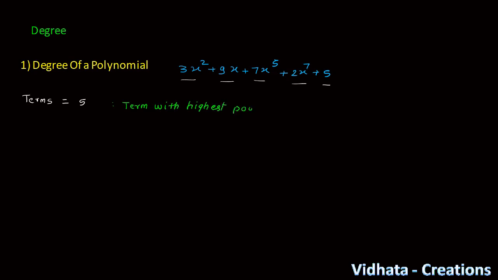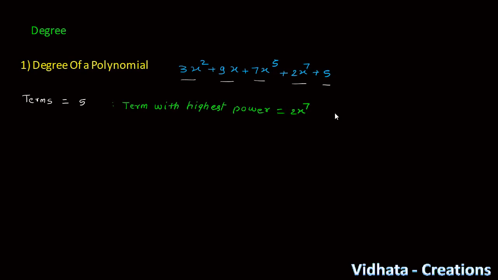But in this way, in case of a polynomial, what can you say about the degree of such a polynomial? In the given long polynomial, we got that the term with the highest power of the variable is 2x raised to 7, and you know its power is 7.